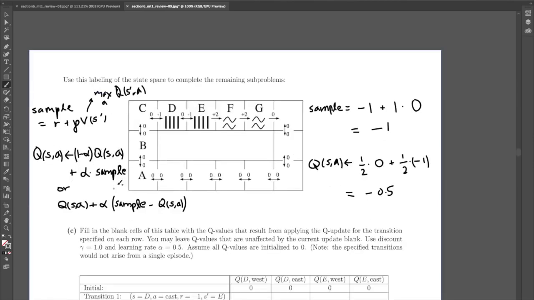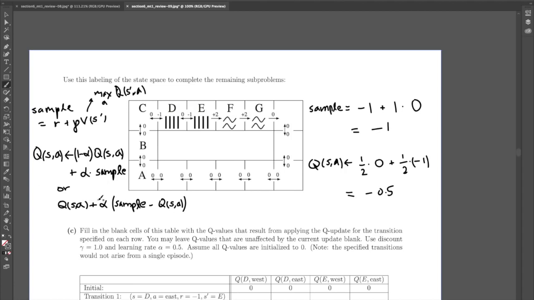And here is the actual Q value update. You perform an exponential weighted average using the parameter alpha. I've written this equation in 2 different ways. You've probably seen both of these ways at some point, either in lecture or in the notes. It's important to note that these equations are literally the same.